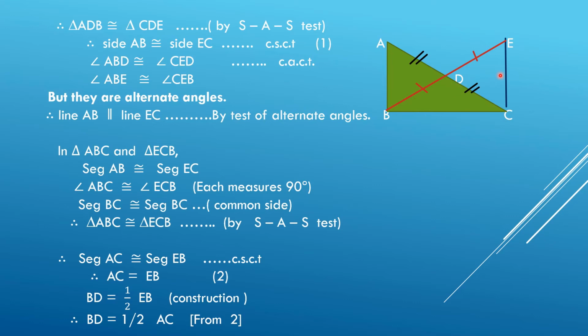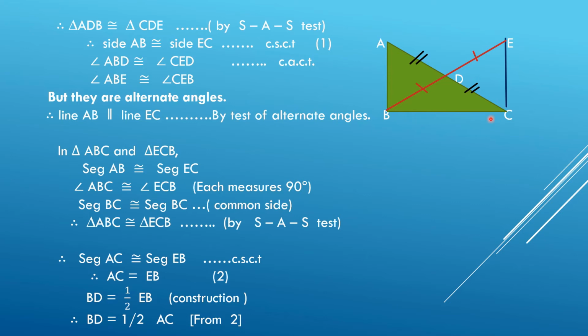Next, I am taking the two triangles, triangle ABC and triangle ECB. Which are the congruent parts? Segment AB is congruent to segment EC, and angle ABC is congruent to angle ECB, each measuring 90 degrees, and segment BC is congruent to segment BC, the common side.